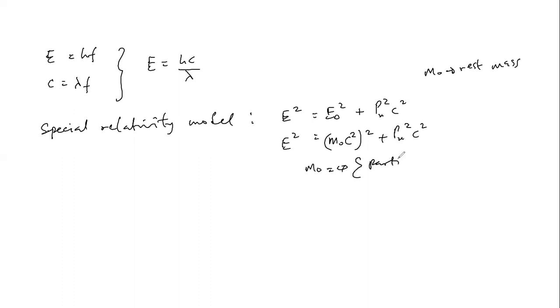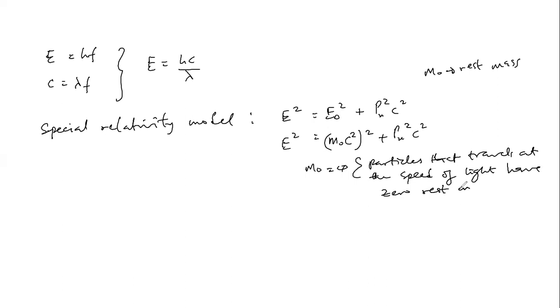So the special relativity expression reduces: 0 times all of this, and we are left with Px squared C squared.